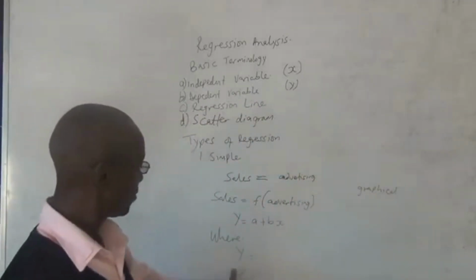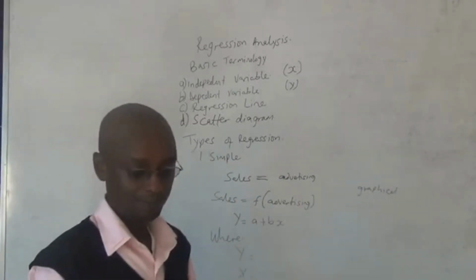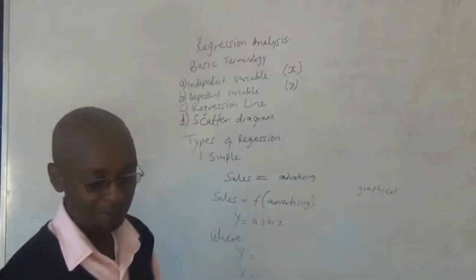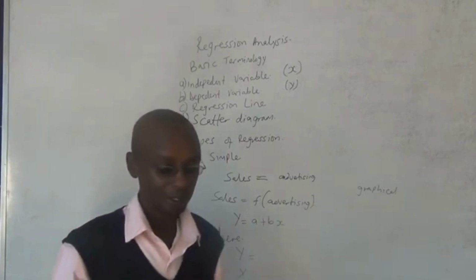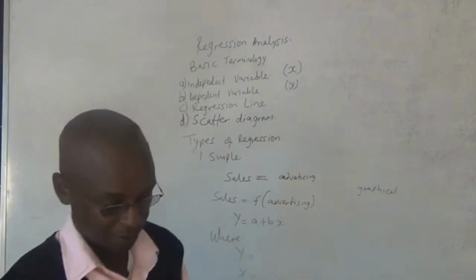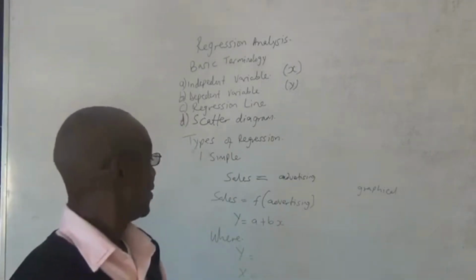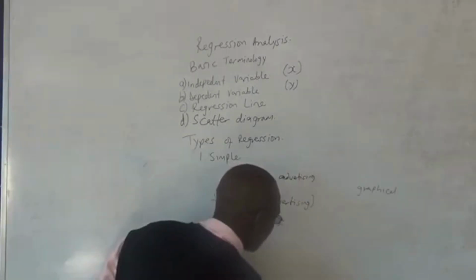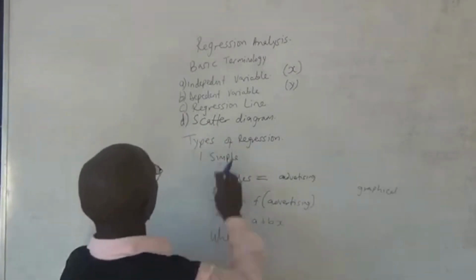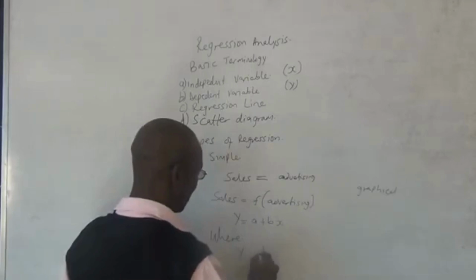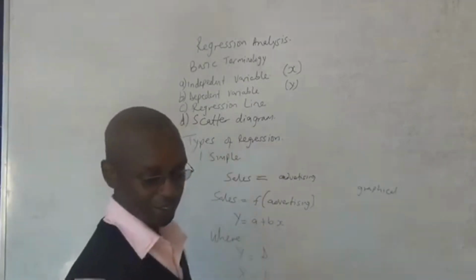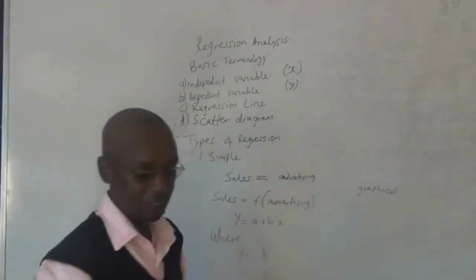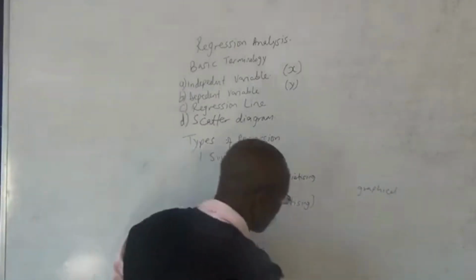Y is dependent variable. X is independent variable. A is constant. Then this is constant, and B is what? Regression coefficient, which is the slope.